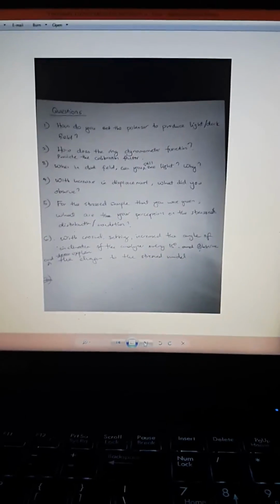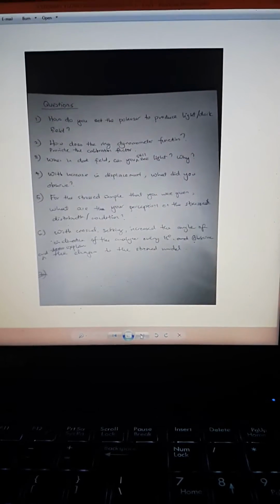And the third one: when it is dark field, can you still see light, and why? In dark field, yes, we can still see the light, because the dark field arrangement will produce an image that is easier to capture and to analyze. We will explain why.